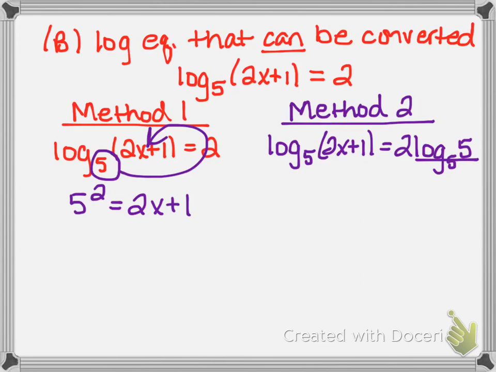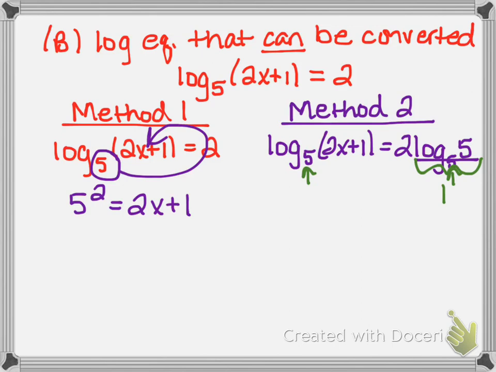The first reason is that this log has to have the same base as this log. It's the only reason I'm going to be able to drop the logs and bases at some point. But this log also has to be equal to 1. And log base 5 of 5 is 1. And so that means the right side is still equal to 2. Okay, I didn't actually change the value of the right side.